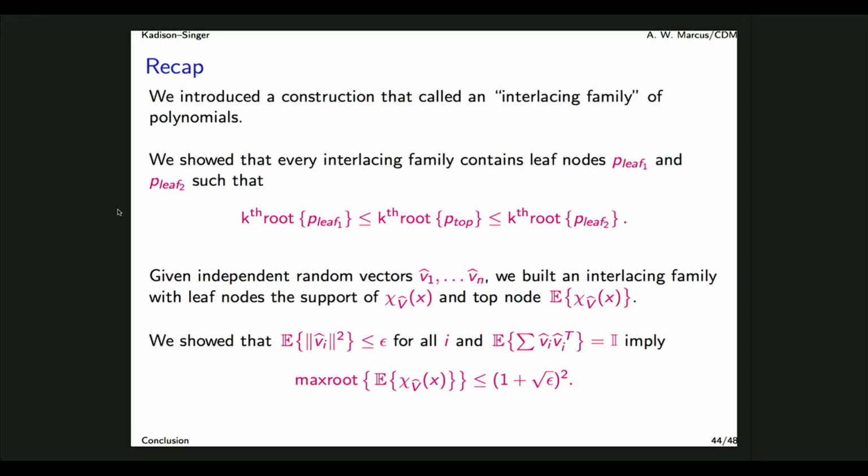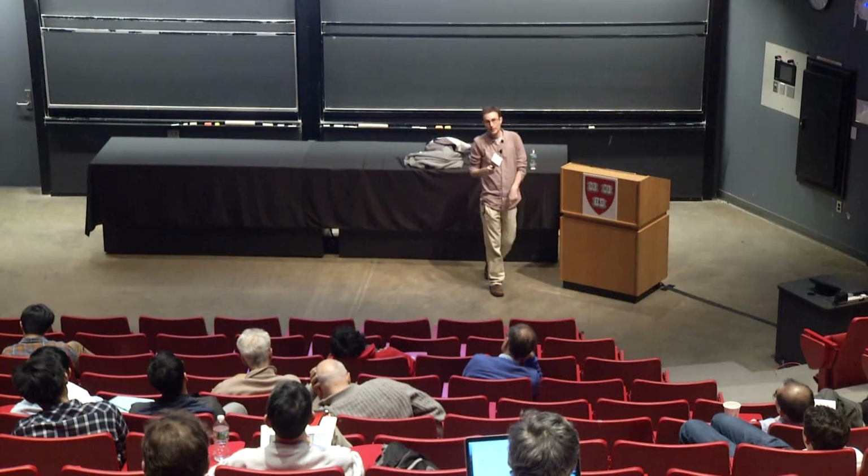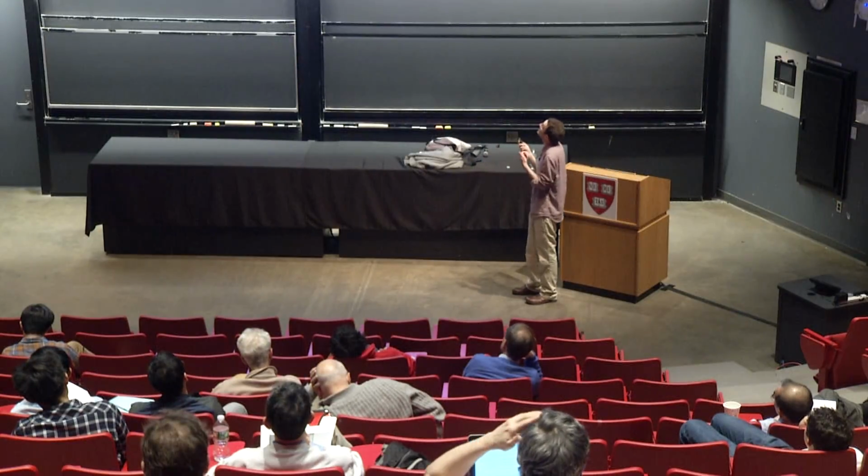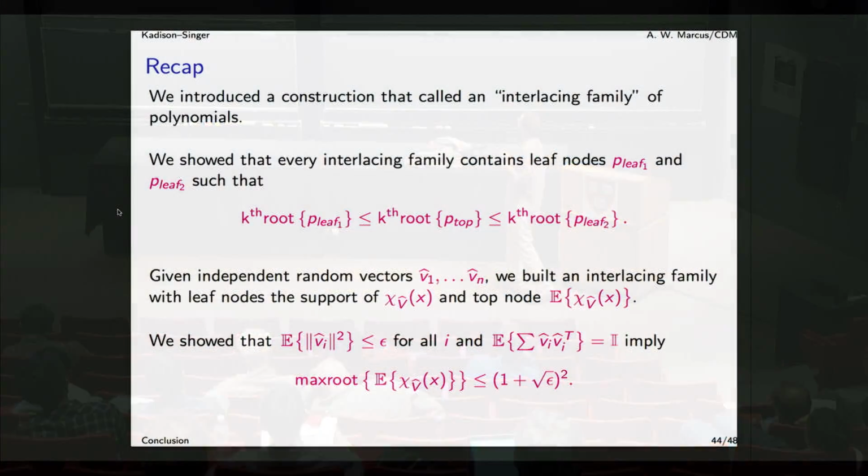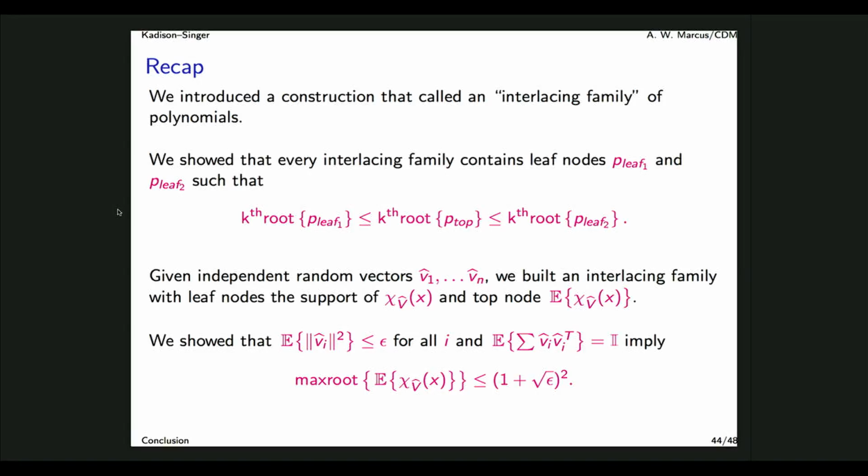And then we showed that the expected value of vi squared being less than or equal to epsilon, and that the sum of the expected outer products equals the identity, implies that the maximum root of this beast is always less than 1 plus square root of epsilon squared. So that tells me that I always have something that has, with probability greater than 0, a maximum eigenvalue at most 1 plus square root of epsilon squared.